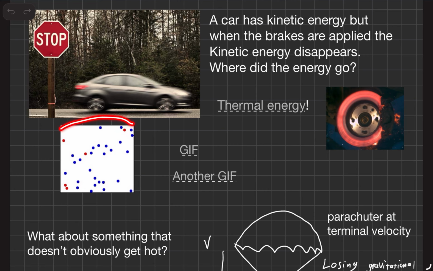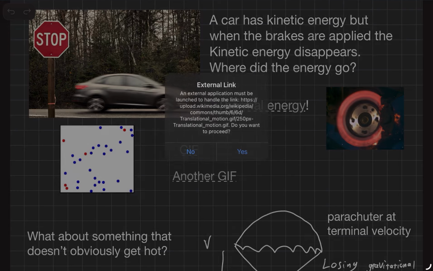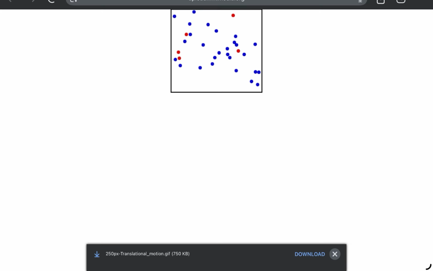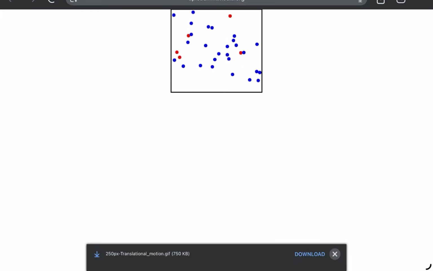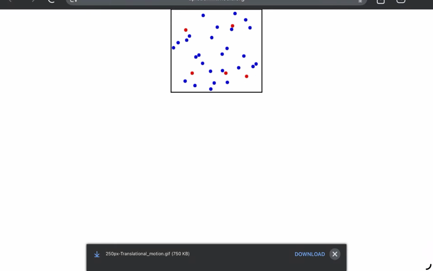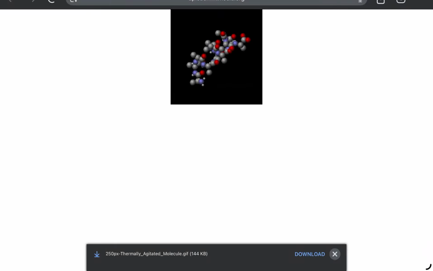It is incredibly hot. And over here, we have an image of what this looks like at the microscopic level, because a lot of this is about relating it to where that energy is going at a microscopic level. Remember that temperature is just the average kinetic energy of all of these particles here. So when you heat something up, you're just causing these individual particles to move faster. And here is another image.